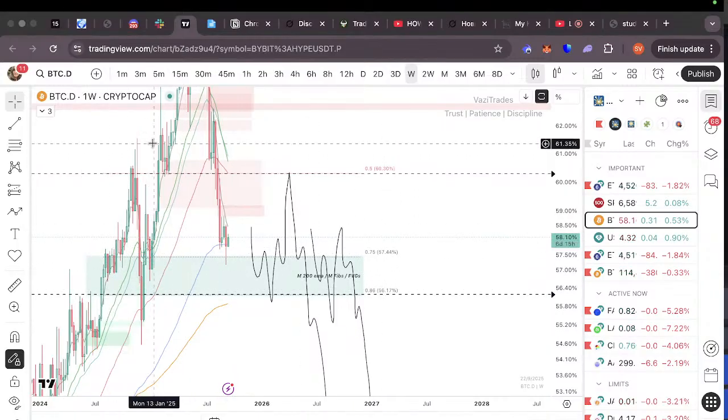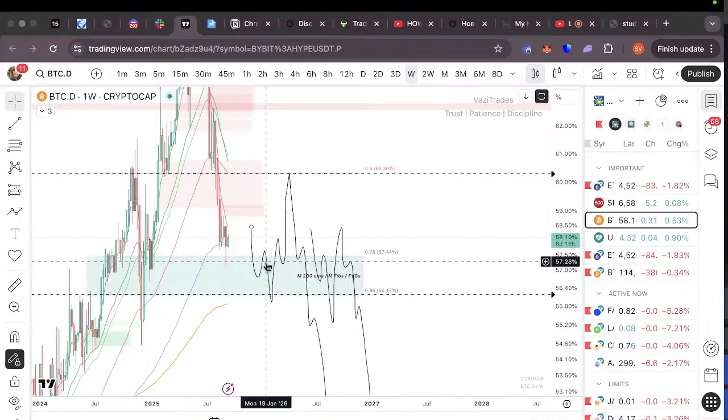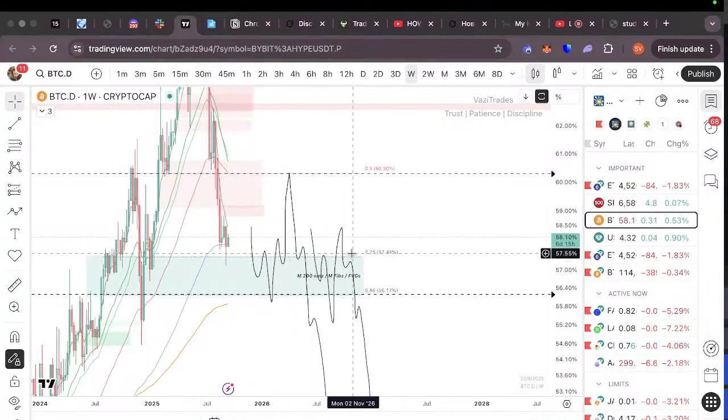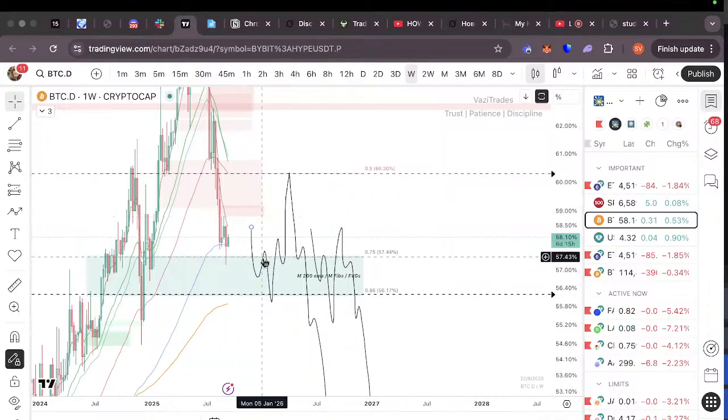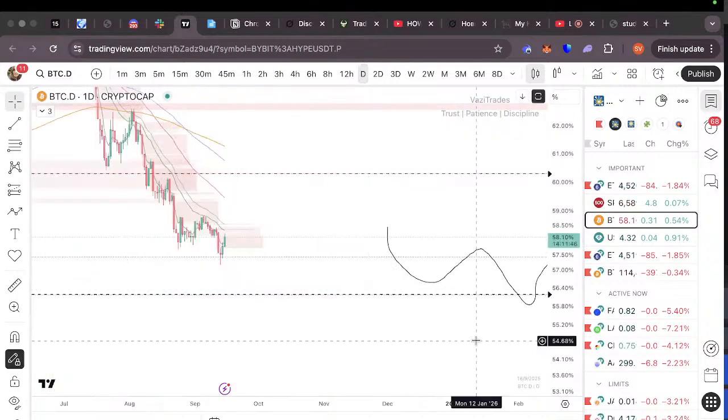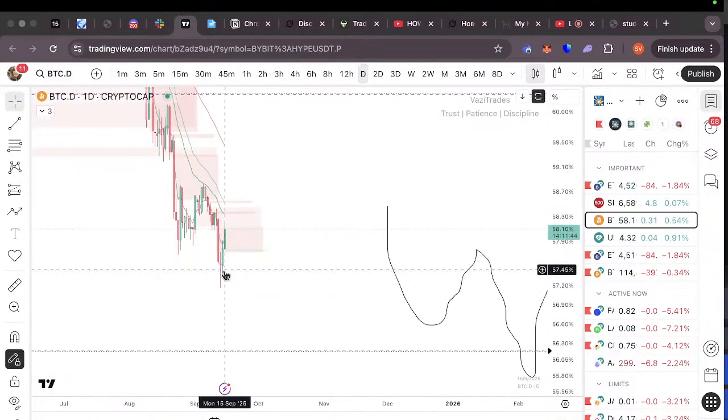In our case, Bitcoin dominance came to this strong support zone, which not only aligns with these EMAs, Fibonacci, but also aligns on the high time frame with the FVGs. So that's why we see such a crazy pump since yesterday.